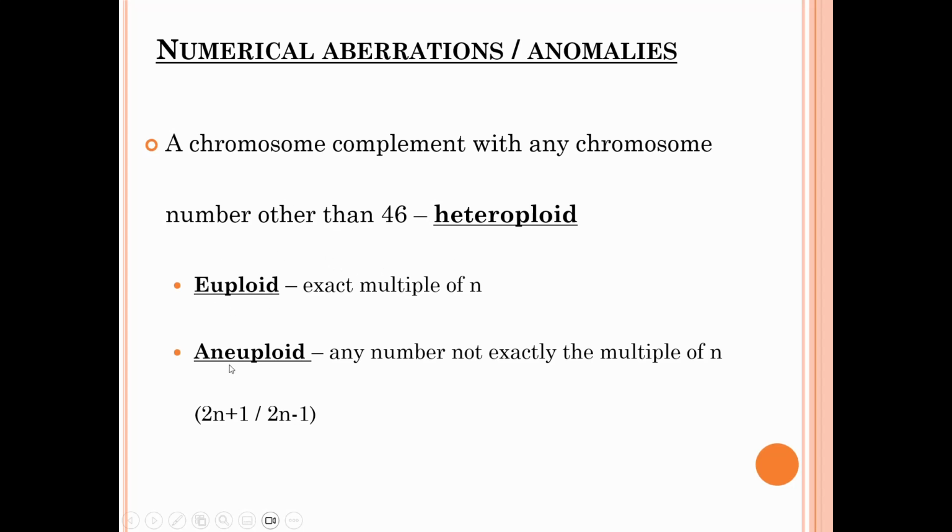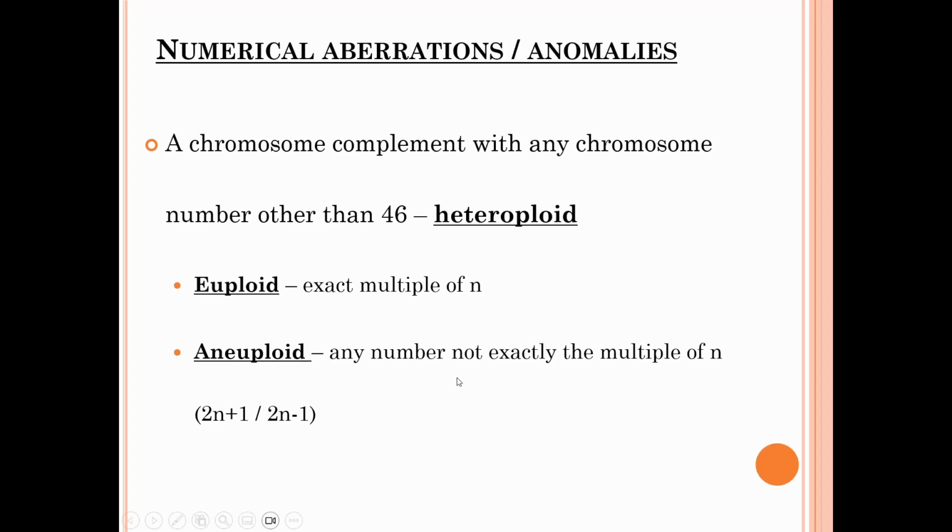It can be euploidy or aneuploidy. Euploidy means multiple of n. Now multiple of n is 46 also, but 46 is not heteroploid. I told other than 46. So then what it makes? So 69 is euploidy. Okay, because that is multiple of n. Okay, till 2n we are saying it is normal, but if it is 3n, 69, that is euploid.